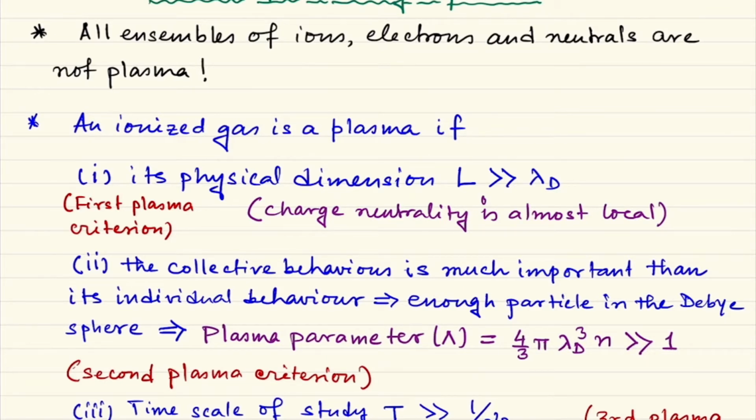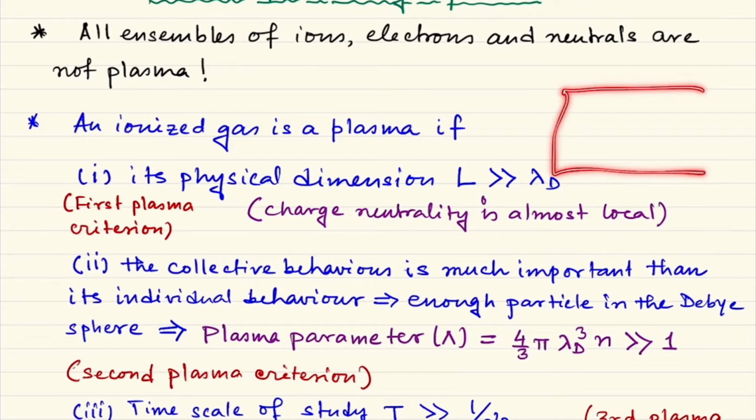Also, you can see that if the physical dimension L is very much greater than lambda_D, then we can also say that the charge neutrality is achieved at the very local level. Why is that? Because if you remember, lambda_D is the length scale below which the charge neutrality cannot be expected, but beyond which the charge neutrality is always true.